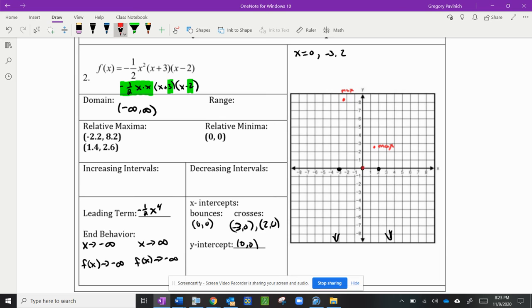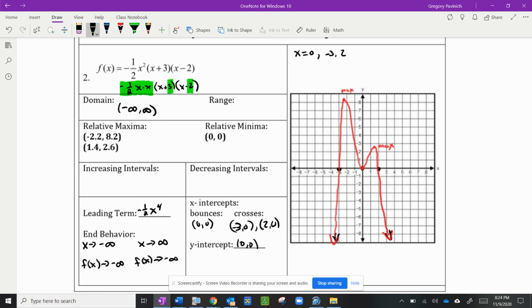And I have a min there at 0, 0. So I am going to cross through my negative 3, come up to my max, come back down to 0, 0 where I bounce, come back up to my max, back through my x-intercept, and there's my rough sketch.